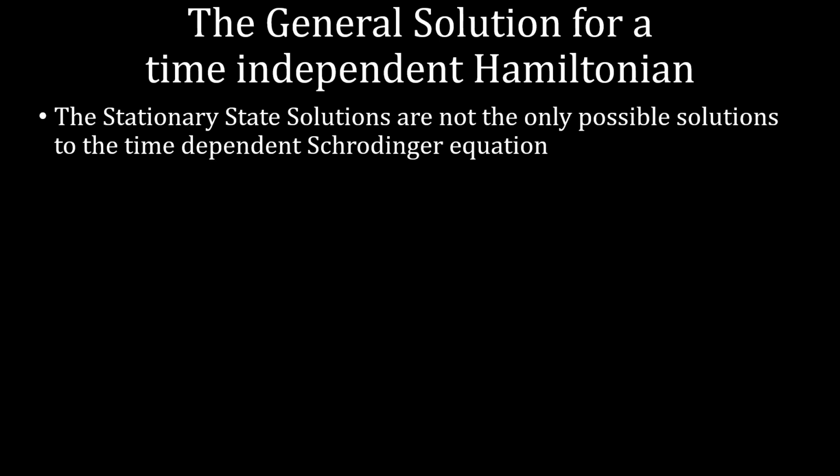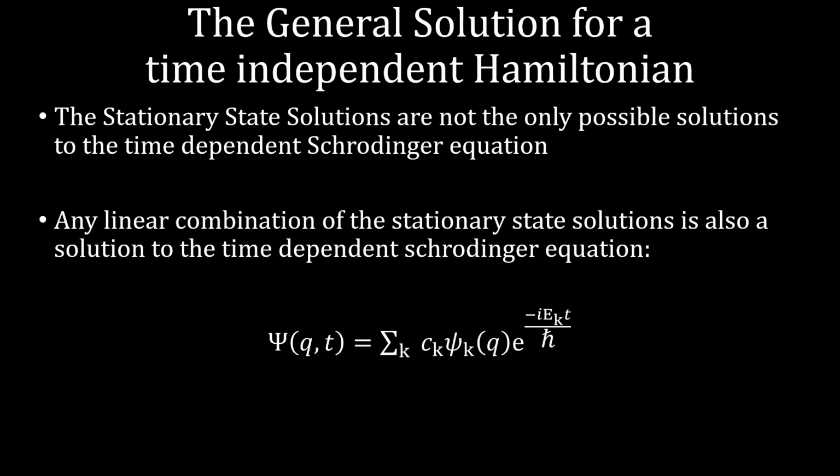Now that we have the functional form of the wave function for a particular stationary state, we need to go a little bit further. When we have a time-independent Hamiltonian, the stationary state solutions are not the only possible solutions of the time-dependent Schrodinger equation. In fact, any linear combination of these stationary states with their corresponding time component will be a solution.